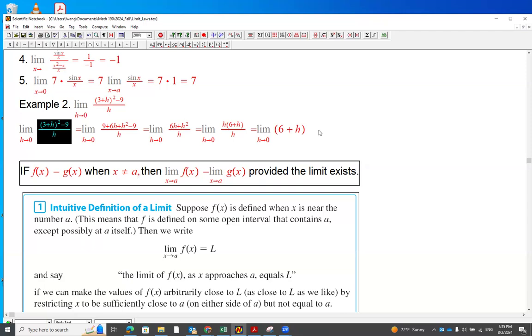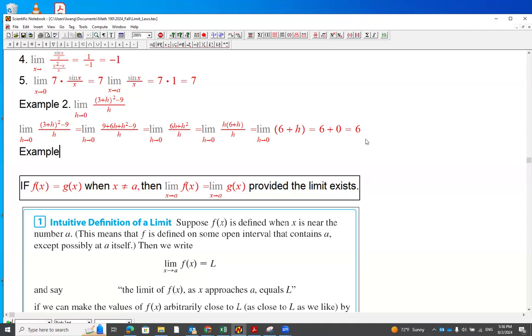And the latter has a limit, and because this can be seen as a polynomial, we can just do direct substitution. So it's going to be 6 plus 0 equals 6. The limit is found, right? You can see each step of the way. We need to be aware of the intuitive definition of limit. It says x is approaching a, but not a. h is approaching 0, but not 0.